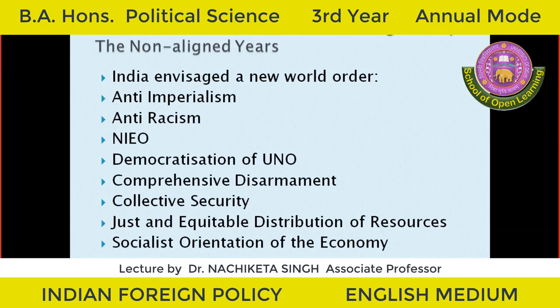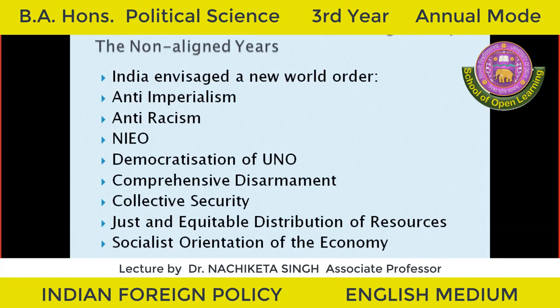India envisaged a world order based on anti-imperialism. So, these are the core principles of India's foreign policy. So, if you have a broad idea of these principles, then you will be able to understand the post-independence foreign policy of India in the right perspective.